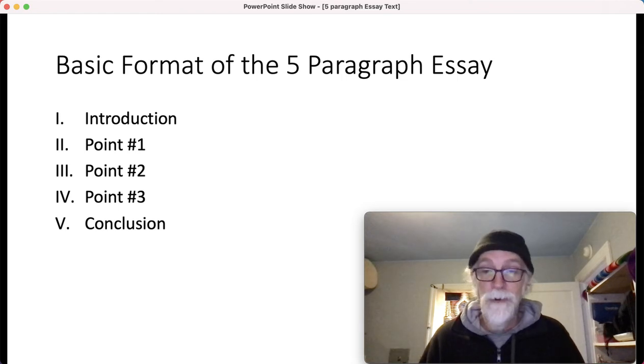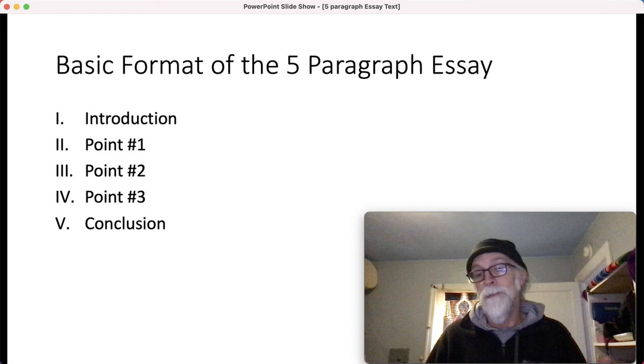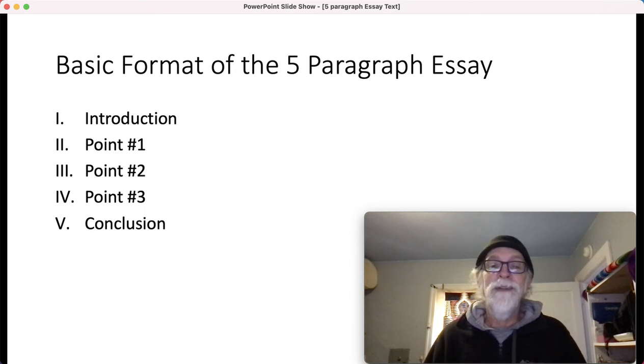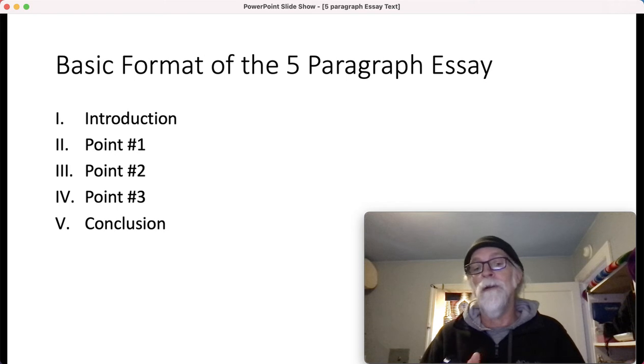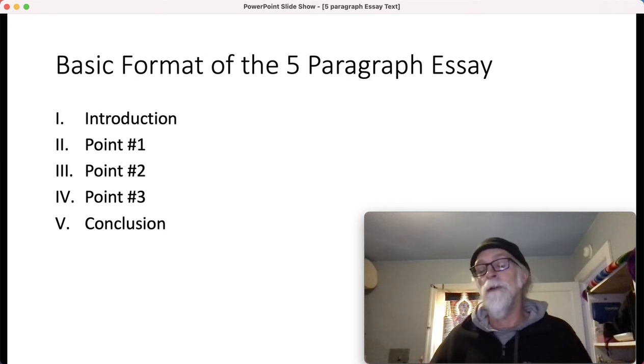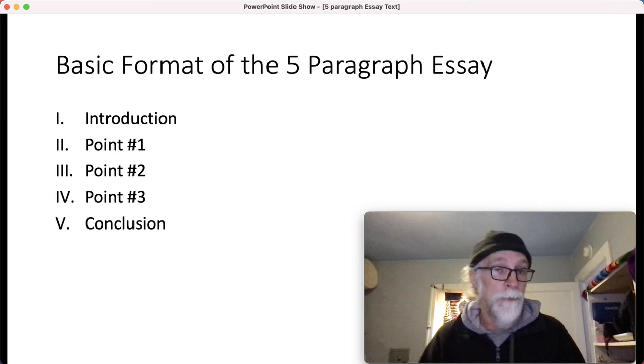It can be the 6 paragraph essay because you have 4 points. It can be the 7 paragraph essay because you have 5 points. It can be the 9 paragraph essay because you needed 2 paragraphs for your introduction and 2 for your conclusion because you had some sophistication there, and this is a longer paper.